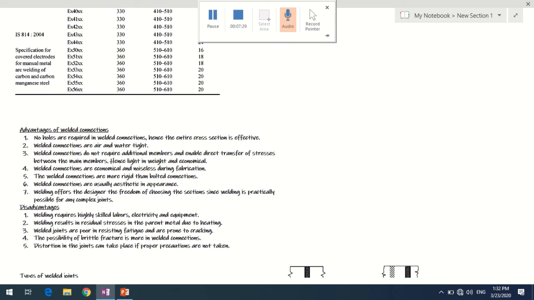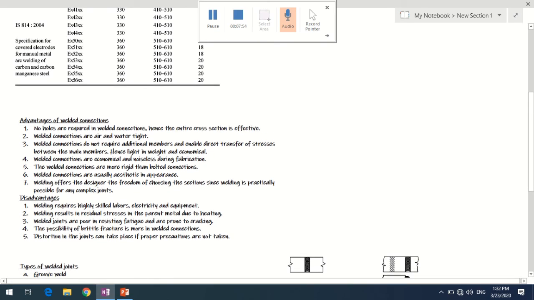If we don't handle the members properly during the welding process, or if the surfaces are not prepared properly, it will lead to distortion in the joints. So that care has to be taken. If not, the members which are connected together will not be arranged properly. That alignment may be lost.